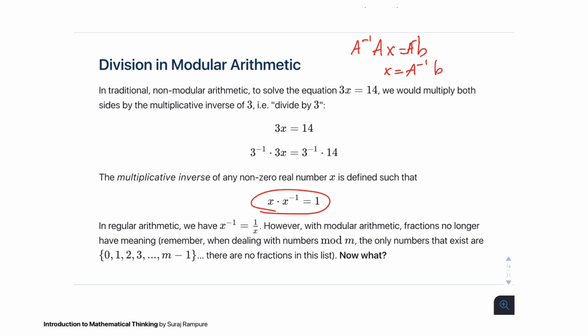Multiplicative inverse of a real number is just its reciprocal. Okay? But again, in modular arithmetic, the idea of 1 over a number doesn't exist, right? Because all of our numbers are reduced to 0, 1, 2, all the way until n minus 1, right? So this idea of dividing both sides doesn't quite work.